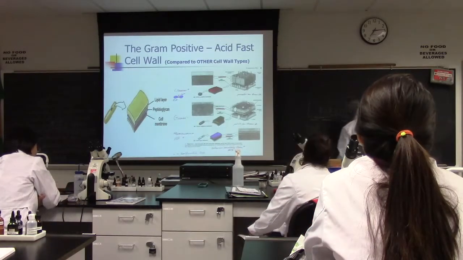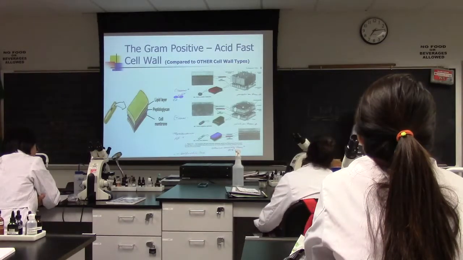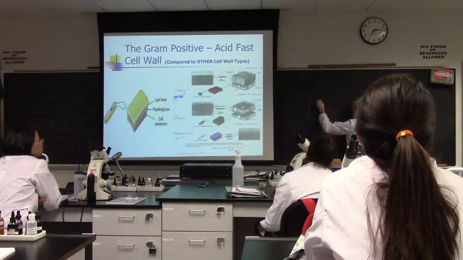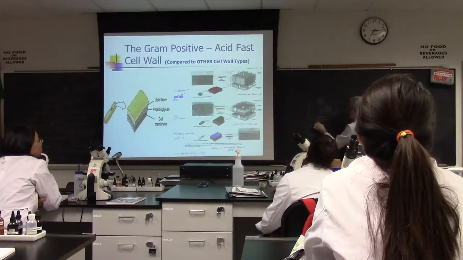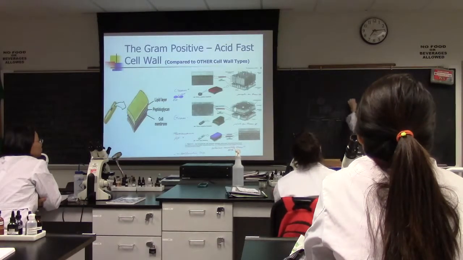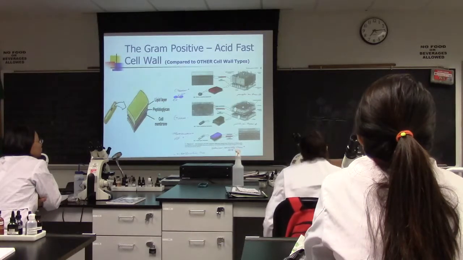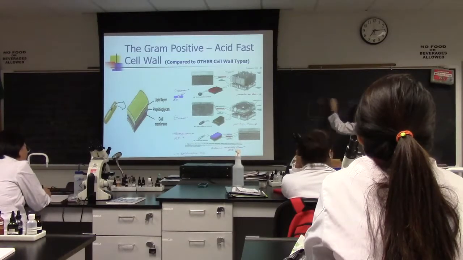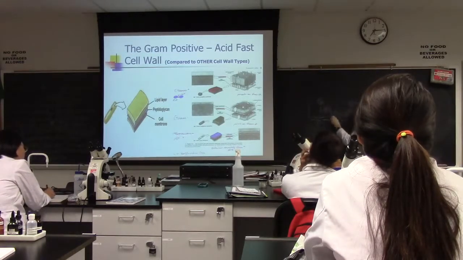And since it's dissolved in alcohol and water, it will penetrate this fat layer in 60 seconds. It will even get down here. Now, you add the iodine and it cross-links it.